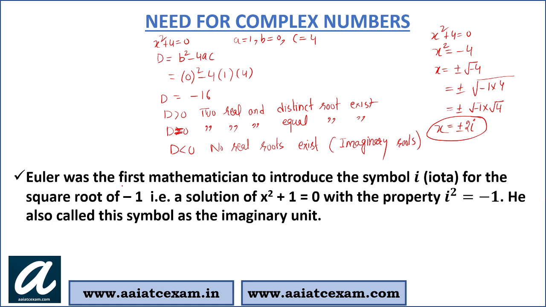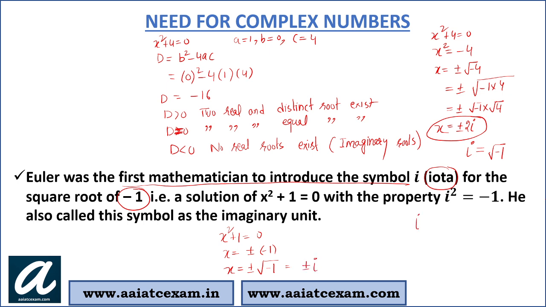Euler was the first mathematician to introduce this symbol, which is iota, that I have written here. Iota means under root of minus 1, students. Why? For the square root of minus 1 he introduced this symbol, because for the solution of x square plus 1 equal to 0, x will be equal to plus minus under root minus 1, which is plus minus iota.